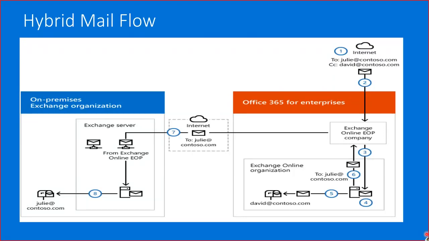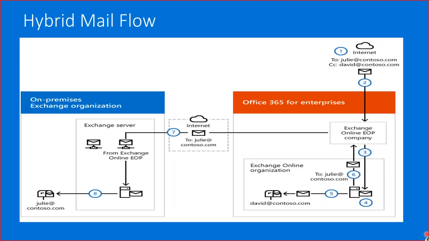In this picture, we're showing an organization which is in a hybrid setup, and we have decided to accept messages coming from the internet first in the Exchange Online environment. Again, we control the receiving of external messages using the MX record. So wherever the MX record points to is where the message will be delivered, and this is how the setup would look.